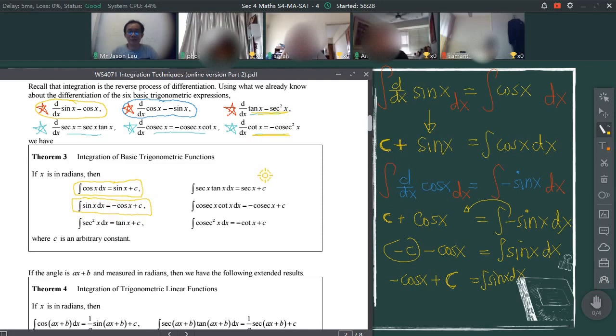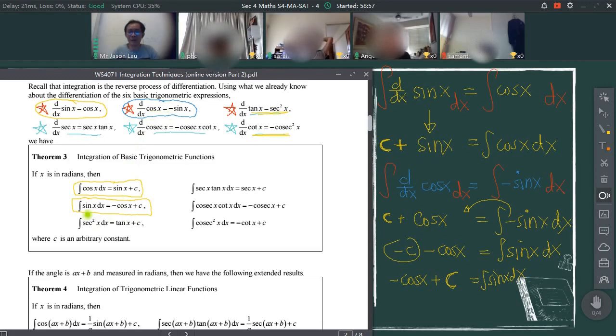You see, that's something that people will start to get confused about, so I hope you are not going to get confused. When you differentiate sine, you get cosine. Differentiate cosine, you get negative sine. But when you do integration, integrate cosine is sine, but integrate sine is negative cosine. So do you feel that type of feeling? It's a bit anti, no? We have always been dealing with cosine, differentiate is negative sign.